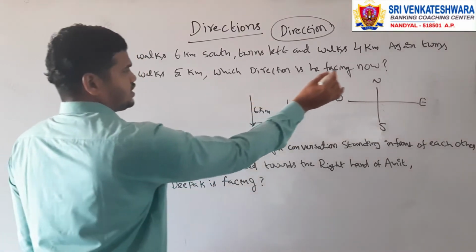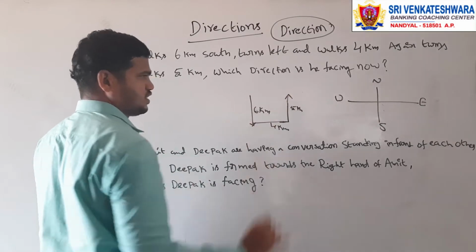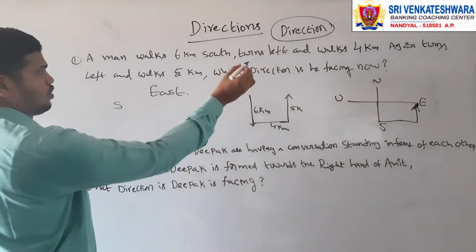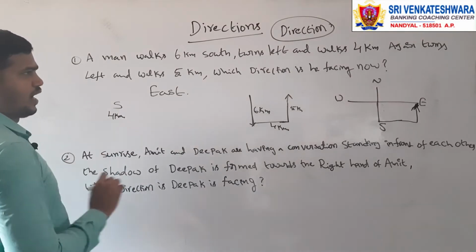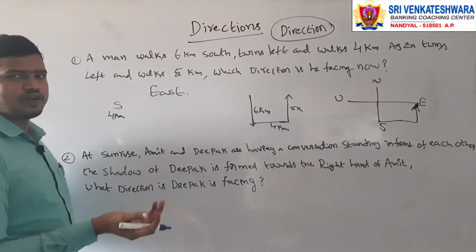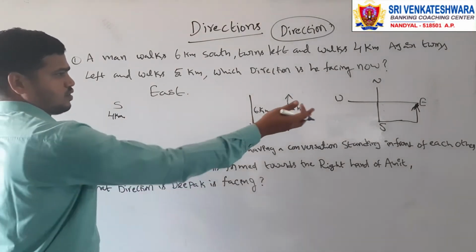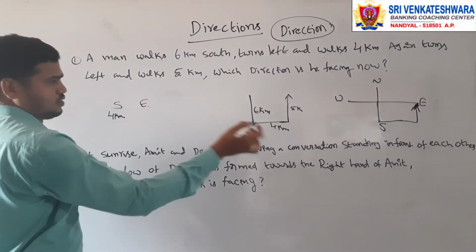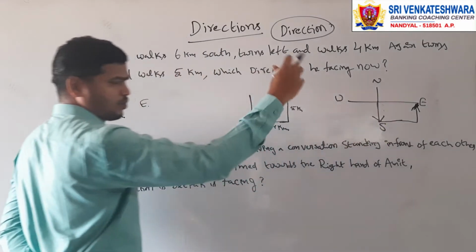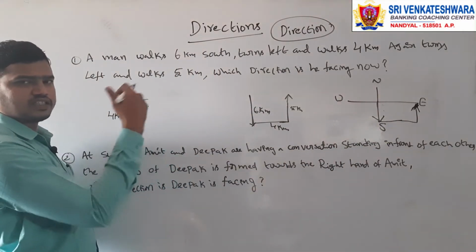Which direction is he facing now? Here it should be 4 kilometers south. Again turns left. What is the left for south? Left for south is east. We have already done the table for which direction is left and which is right.